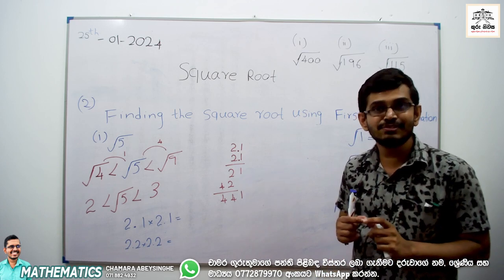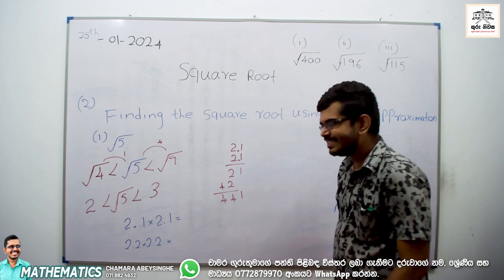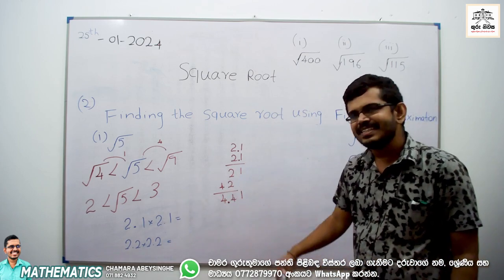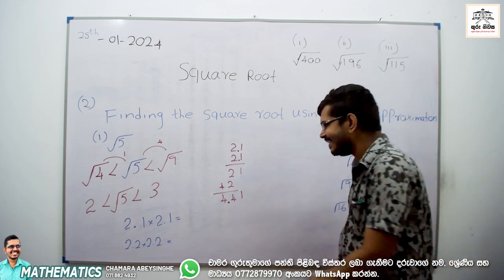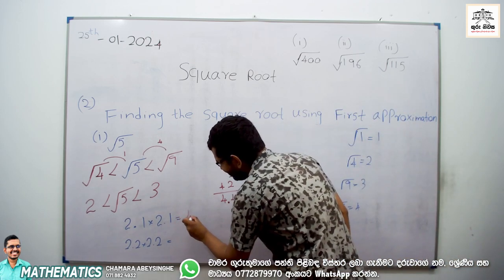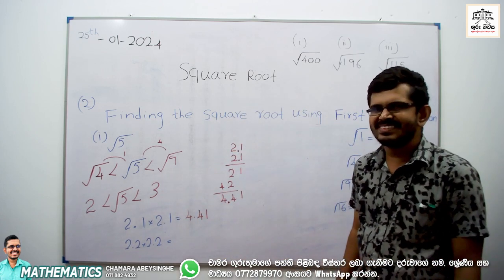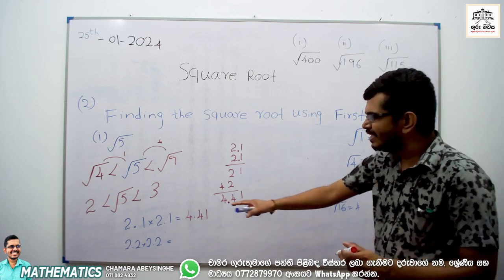Take the last 2 digits and put the decimal point. That gives 4.41.